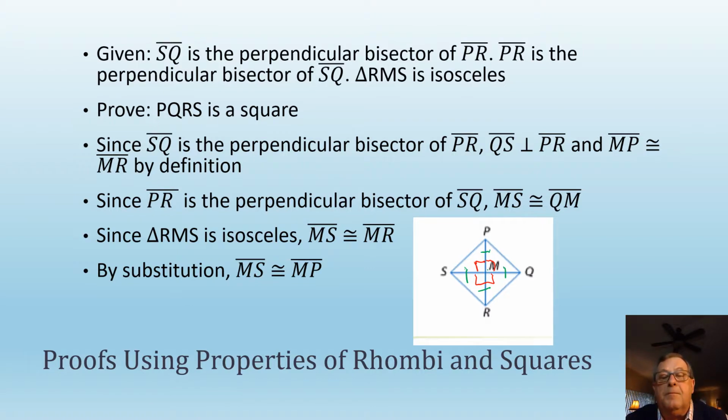So we said that segment MP is congruent to segment MR, and then we said that MS is congruent to QM, and that MS is congruent to segment MR. Okay, well if segment MR and MP are congruent, we can substitute segment MP for MR, and we establish that MS is in fact congruent to MP. Shazam.